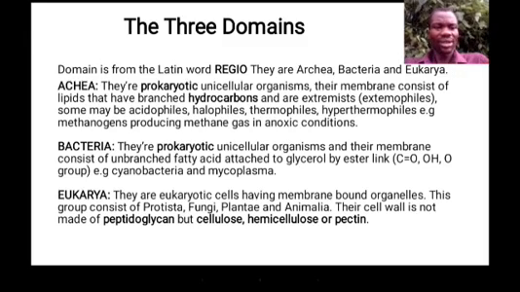Organisms with a nucleus, and they have membrane-bound organelles. This domain consists of the protista, the fungi, the plantae, and the animalia group. Their cell wall is not made of peptidoglycan like the bacteria, but of cellulose, hemicellulose, or pectin.